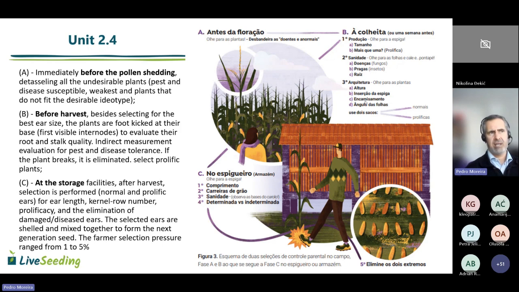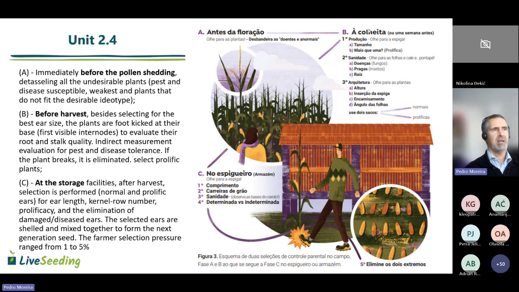How is the architecture? Is the plant height, the insertion of the ear, what is the angle of the leaves? So all these, as you see, are some of the traits, but are key traits. They are addressed for a certain goal, so they make a methodology that is useful for our breeding goals.